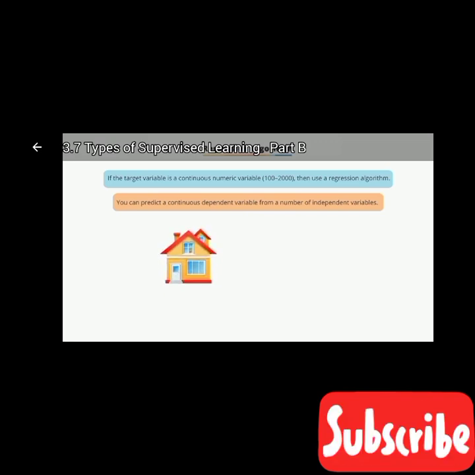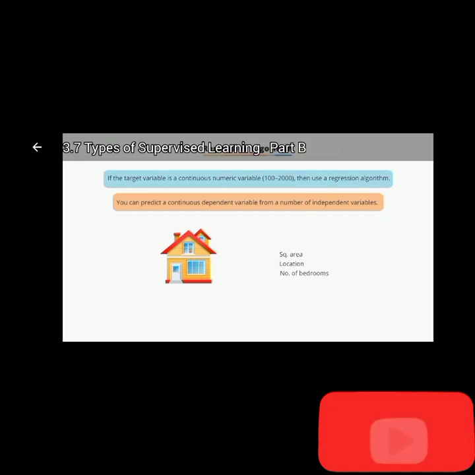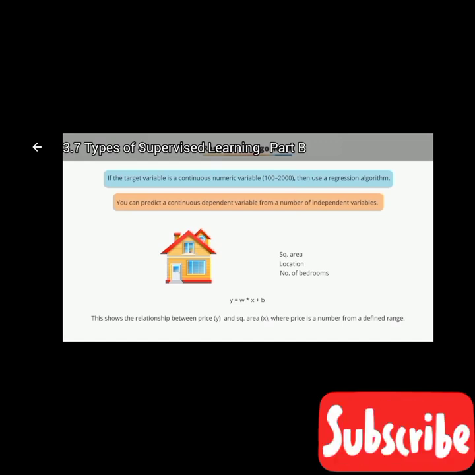Assume you want to predict the price of a house, given its features like square area, location, number of bedrooms, etc. Here the price is a continuous numeric variable that can be predicted using a simple regression algorithm. Use the equation y = w * x + b. This equation shows the relationship between price, y, and square area, x, where price is a number from a defined range.